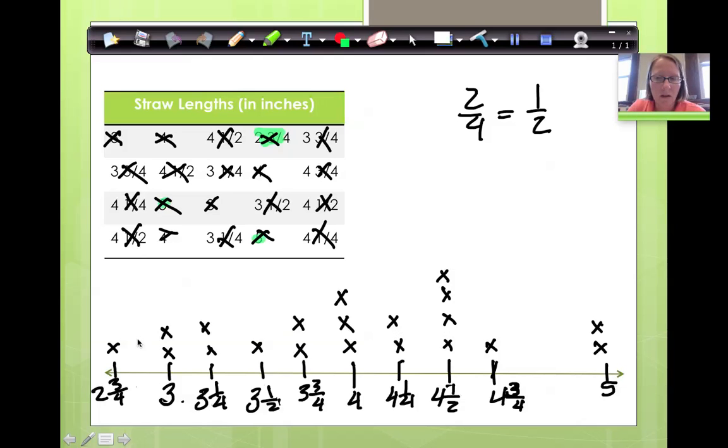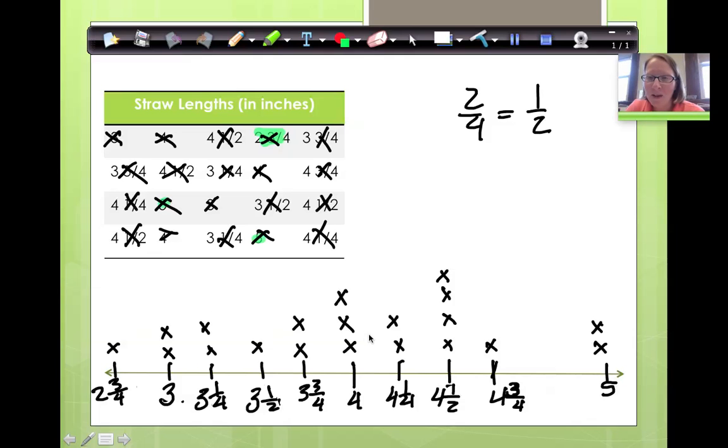This one has 1. Do we have any zeros? No? Okay, so we have this one, 4 3/4 was only 1, 3 1/2 is only 1, and 2 3/4 only happened 1 time. See, we can use this line plot to answer questions very quickly.